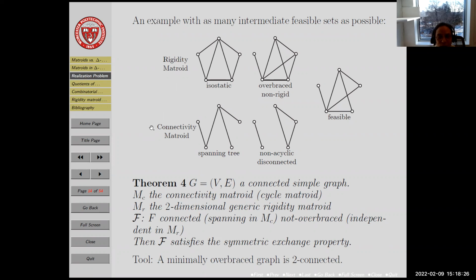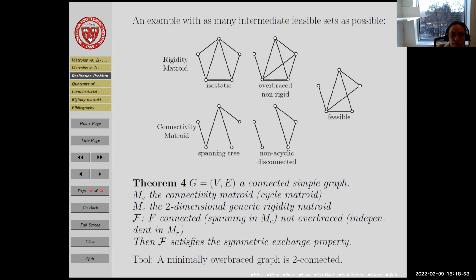And can I now construct a delta matroid going from one to the other? I take a graph and my ground set is the edge set of the graph. And I look at the connectivity matroid and the rigidity matroid, then certainly the rigidity matroid has the higher rank. The connectivity matroid should be then the lower matroid.